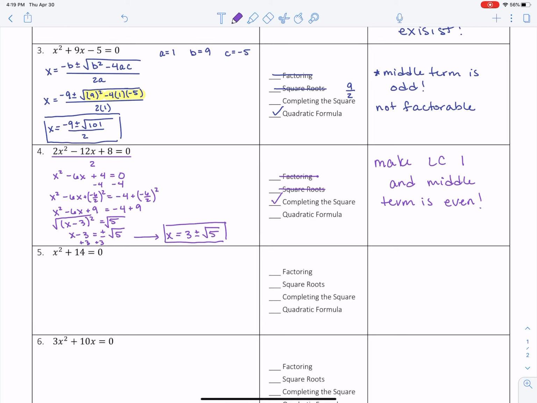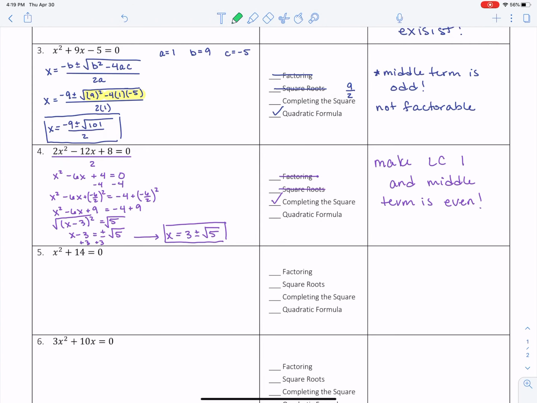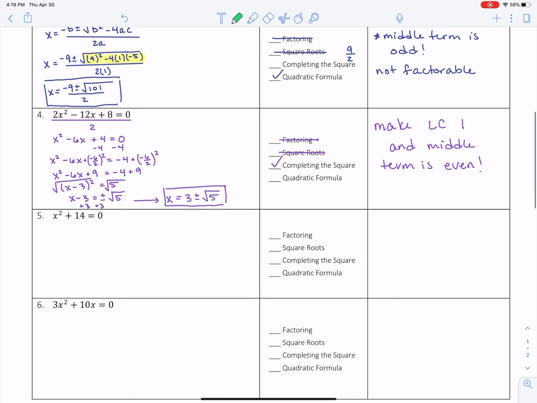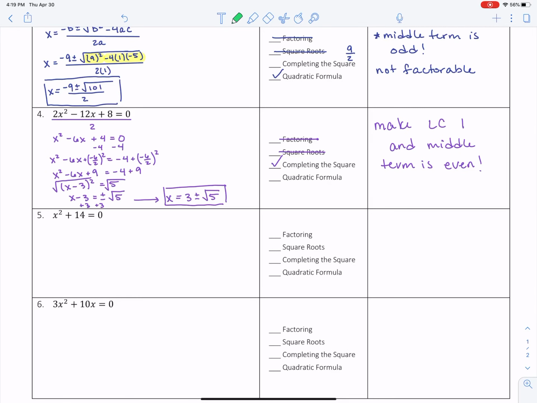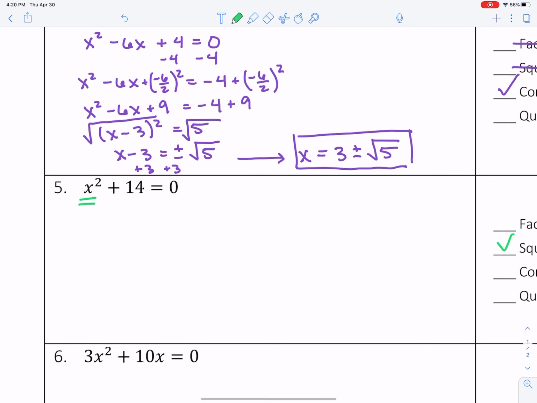Okay, so we've done a few of them. I'm going to switch up colors here for you again, and we're going to walk through just the last few of these. This last one here, I want us to notice again that it doesn't have a bx term. So we're definitely able to use the square root. When it doesn't have that middle bx term, I'm able to isolate our x squared. So I need to subtract 14 from both sides, leaving you with x squared is equal to negative 14.